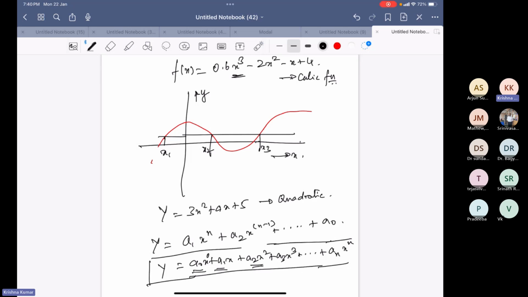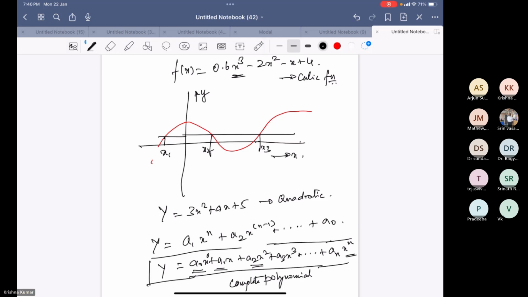So x power 0, x, x squared, x cubed, and so on, up to x power n, say for example. Then we say that this whole thing is called a polynomial, and I am not leaving out any term. Then I call this a complete polynomial. It's complete, nothing left out.